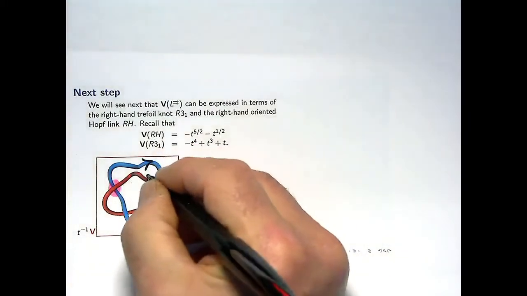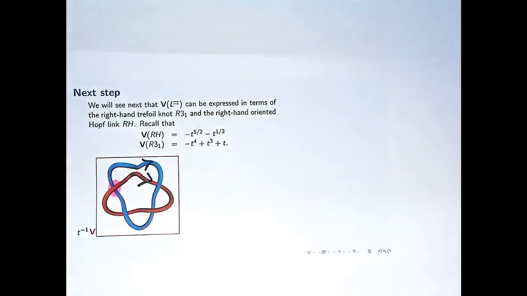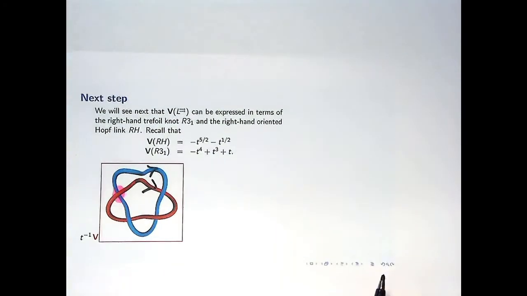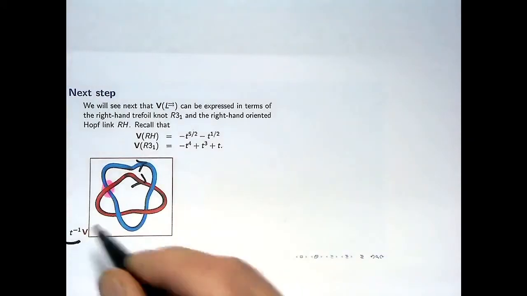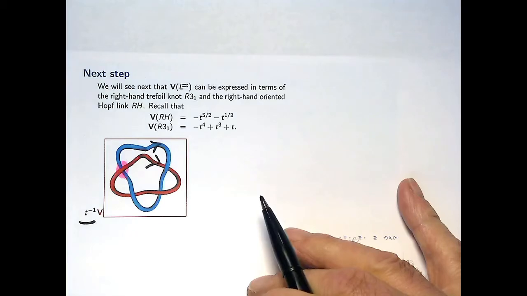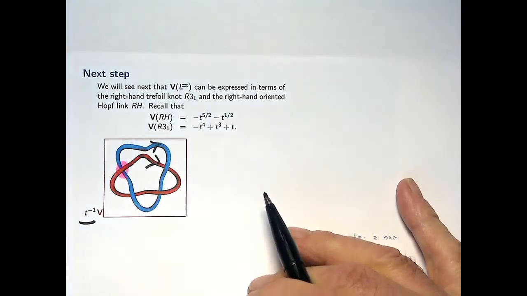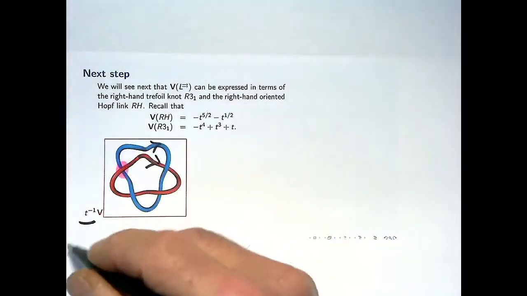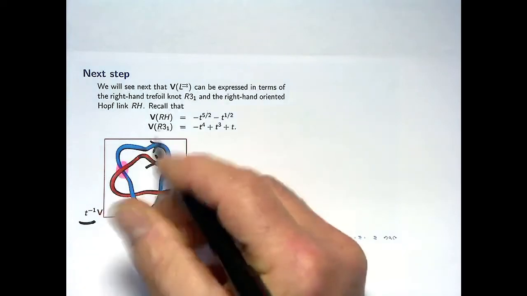The arrows are going this way. We've changed things a bit, so it is a plus crossing. So this is indeed, I've already given the game away, so I've got t inverse in front of it. But yes, that is a plus crossing. We've got the overpass, the underpass coming up underneath in the right direction.